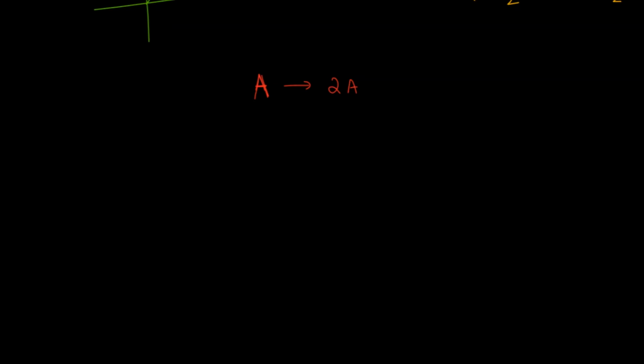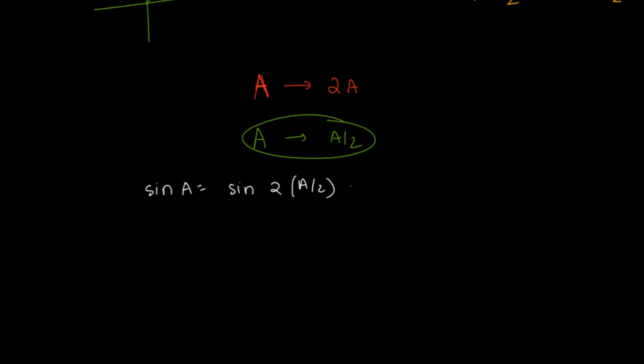You can start out with some angle A and write it in terms of the trigonometric ratios of half that angle. So the sine of A is equal to the sine of 2 times A over 2, and this is just equal to 2 times sine of A over 2 times cos of A over 2.